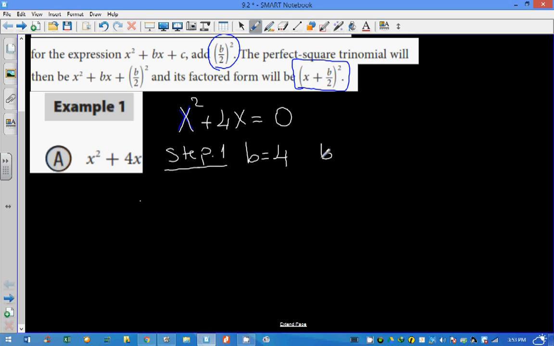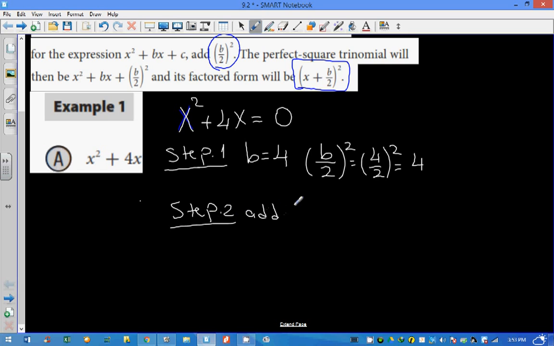And what is (b over 2) squared? It is going to be (4 over 2) to the power of 2, which is 4. So on step 2, add 4 on both sides.